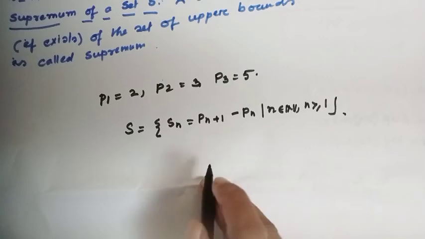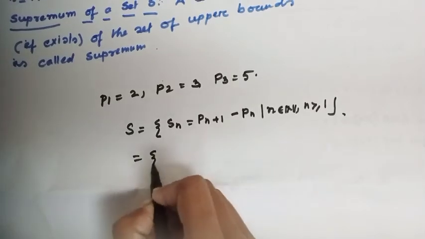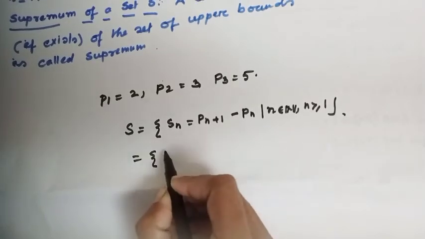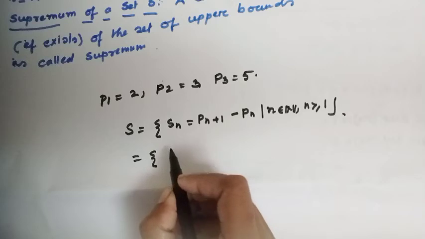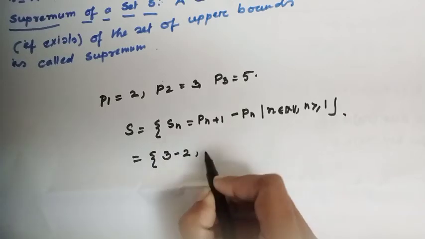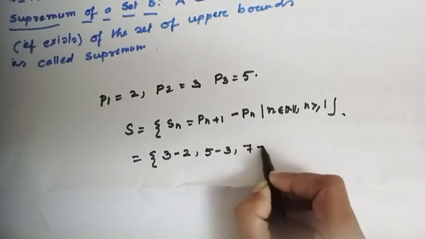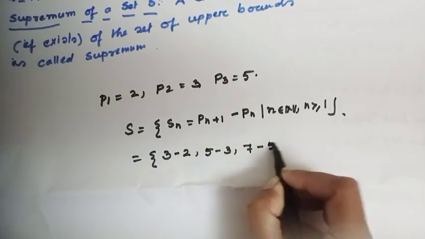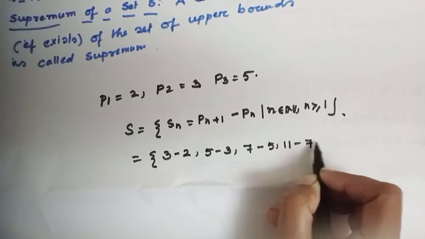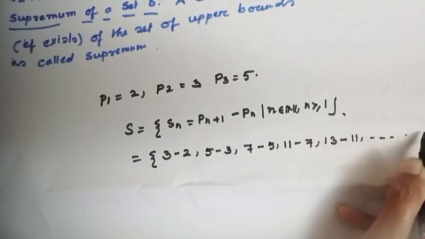What are the elements of the set? 3 minus 2, 5 minus 3, 7 minus 5, 11 minus 7, 13 minus 11, and so on.